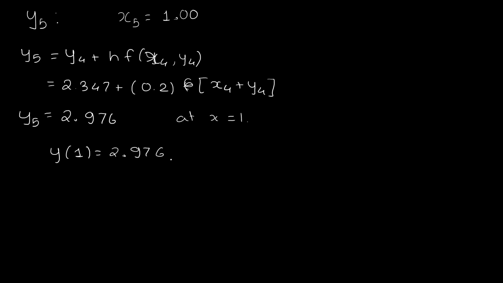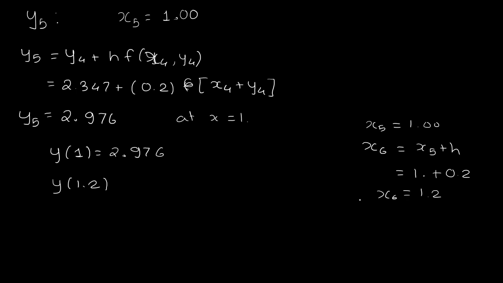If the question was about y of 1.2, you would have gone one step higher. That is, x5 is 1, and x6 will be x5 plus h, that is 1 plus 0.2, which is 1.2. For x6, you have to find y6, so you would have to continue further.